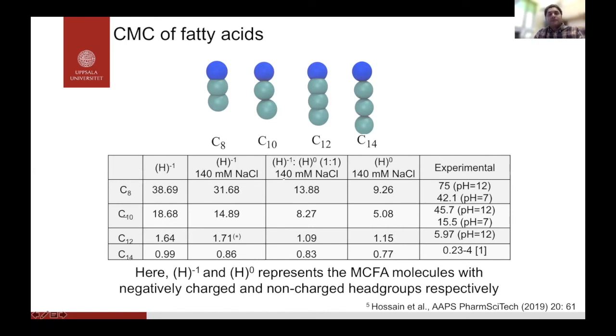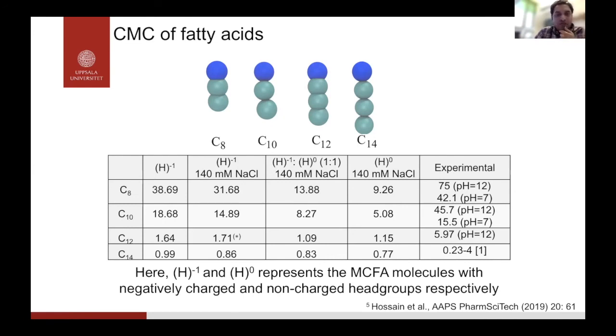And then we also performed some experiments, and we compared our simulation results with the experimental results, and we observe that they agree pretty well. But the experimental results are about 1.2 to 2.5 times higher.